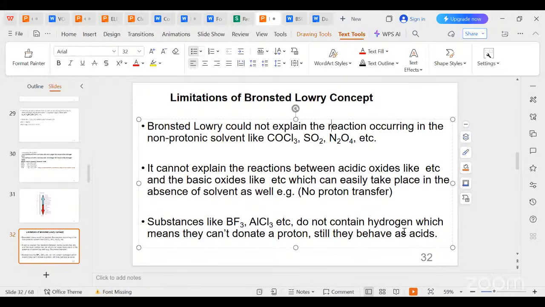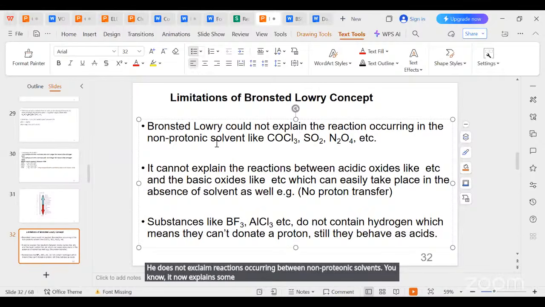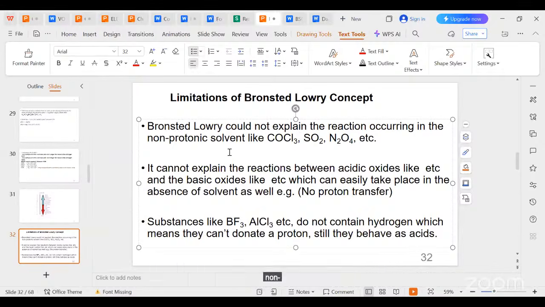The limitation of the Brønsted-Lowry theory can be seen here. It does not explain reactions occurring between non-protonic solvents. It explains some gaseous reactions and some non-aqueous solution reactions, but could not explain non-protonic solvents, that is, reactions occurring in solvents that do not have hydrogen.